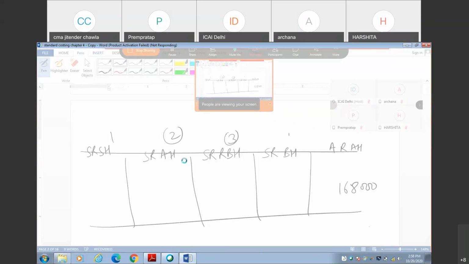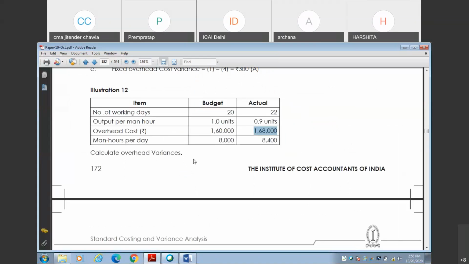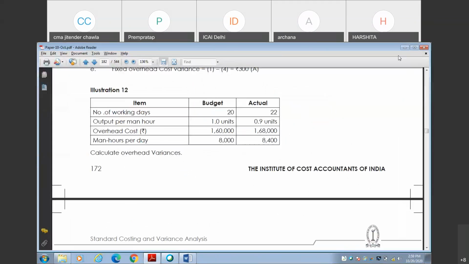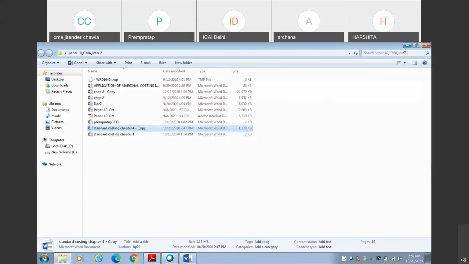Again, there is some problem in the screen. Am I right? I don't know what is happening. Server delay at my side. Give me a second. Let me check whether the problem is at my side or at the server.